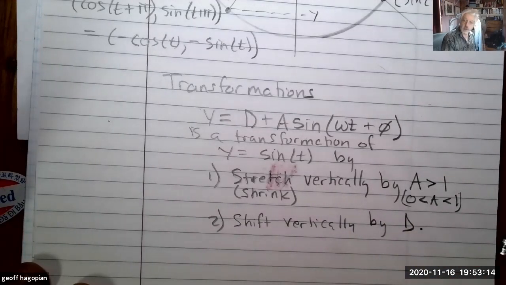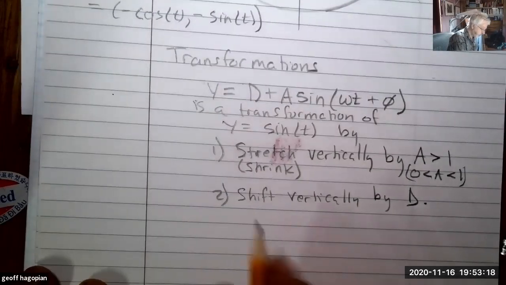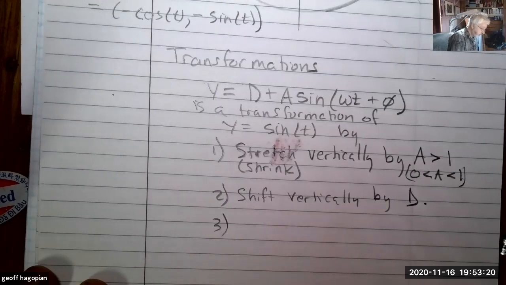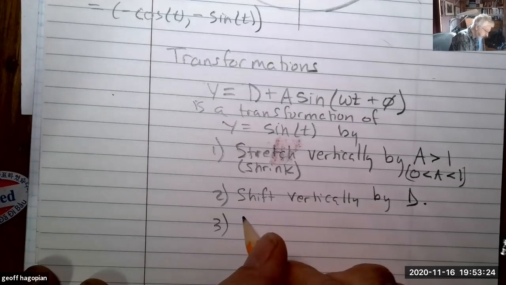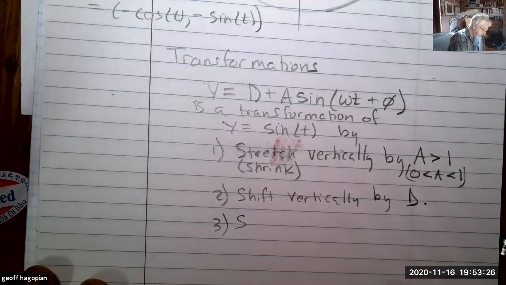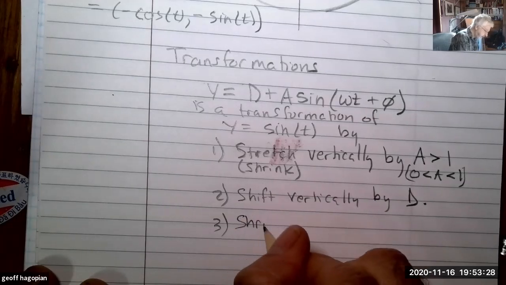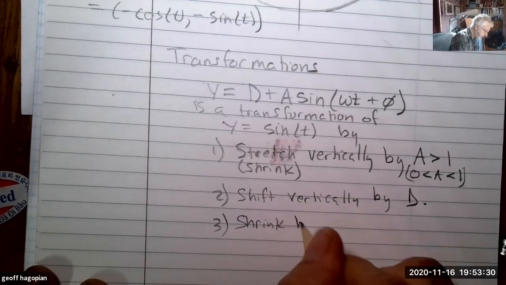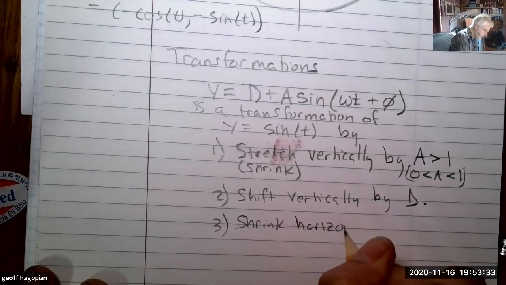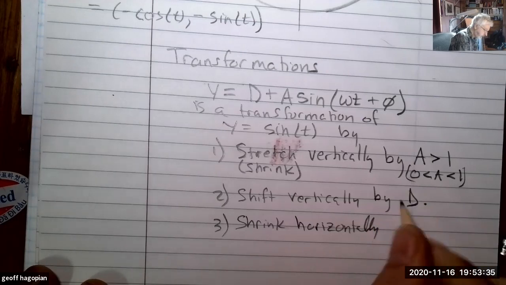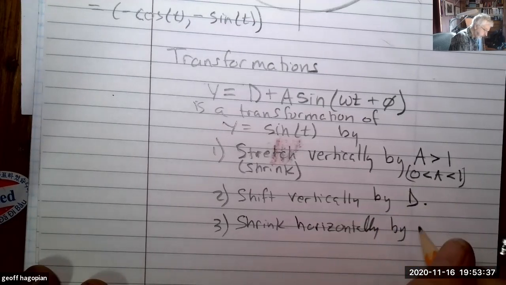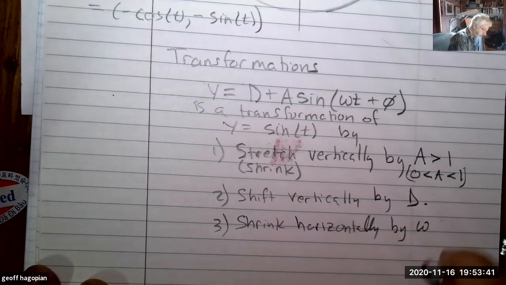So the new line of equilibrium is the line y equals D. Then you're going to have stretch horizontally, or should we say shrink horizontally, by omega between 0 and 1.